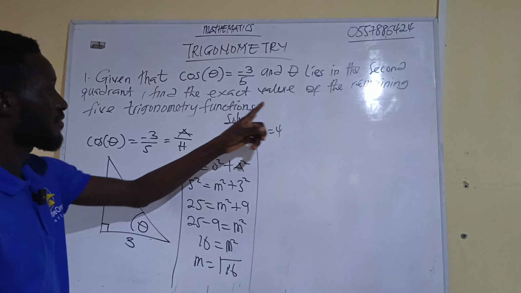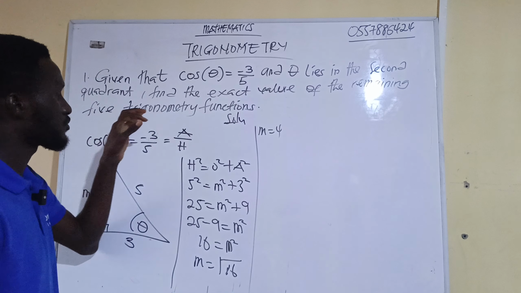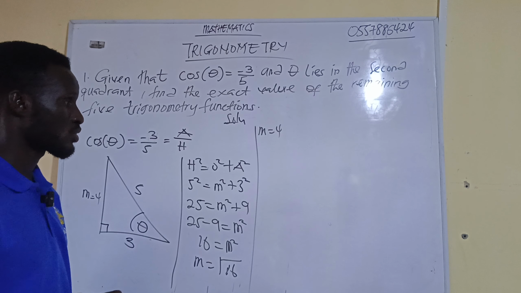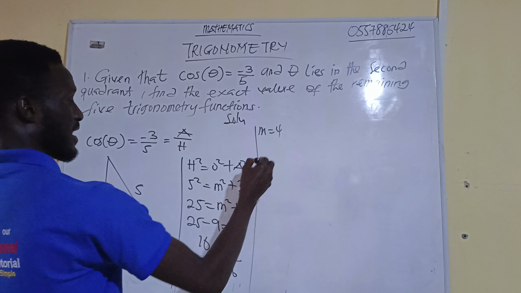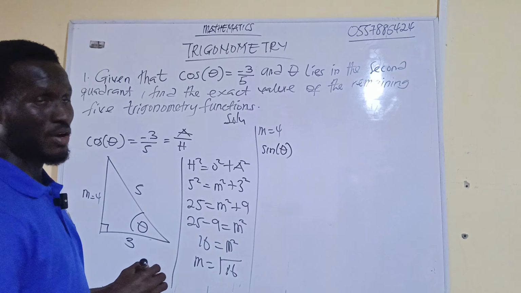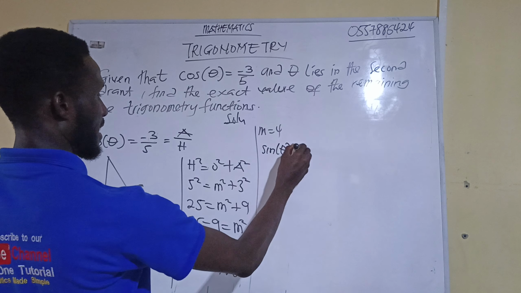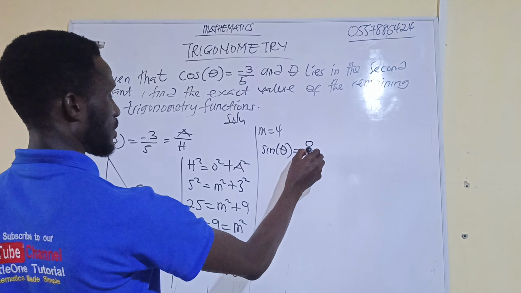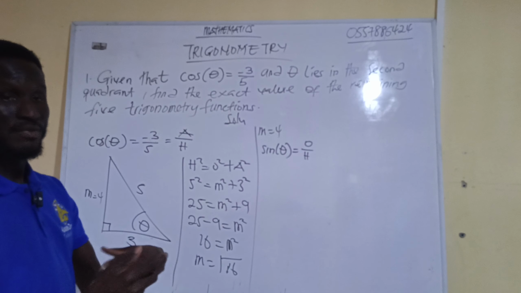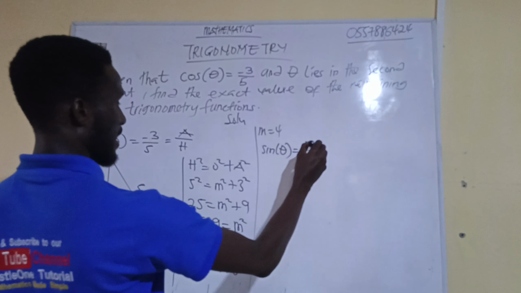Now, we are supposed to find the remaining 5 trigonometry ratios. We have the cosine here, left with the sine of the angle theta. Don't forget, sine is opposite over hypotenuse. The first one is sine.